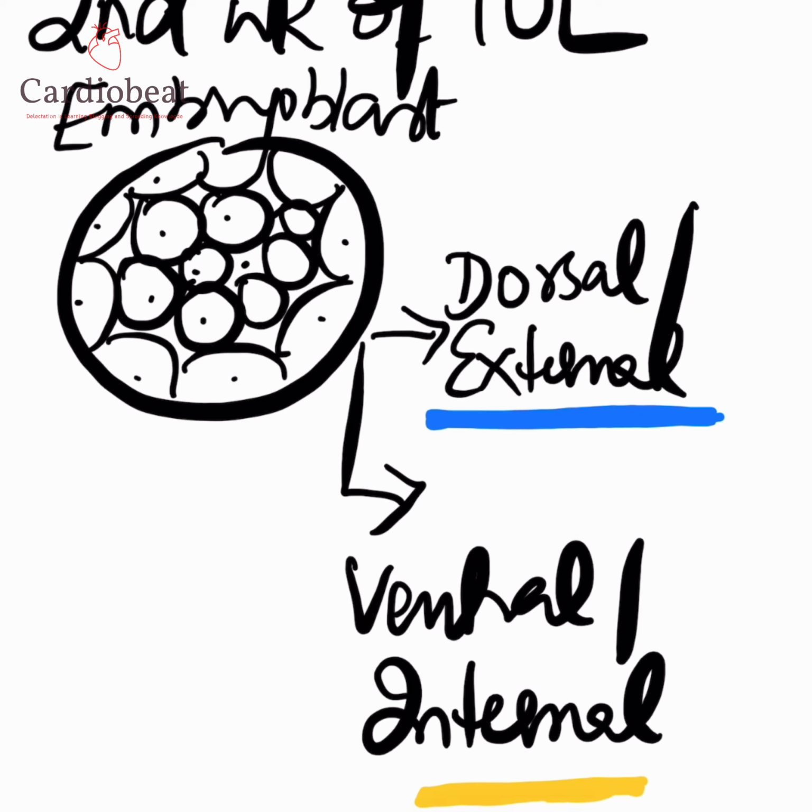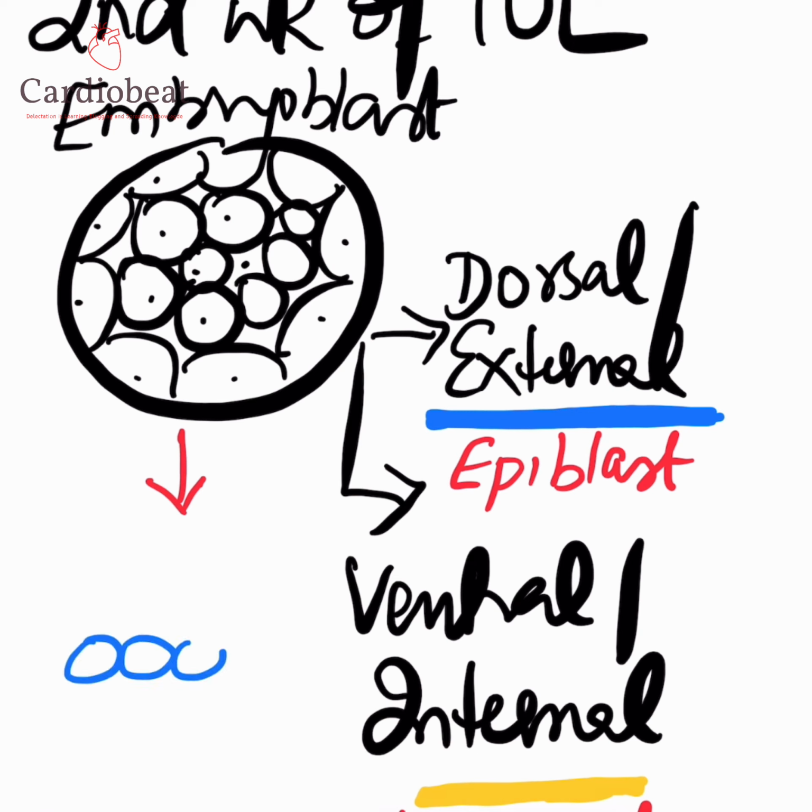The external layer has a special name, called epiblast. The internal layer has a special name, called hypoblast. So this mass of cells now has two layers, epiblast and hypoblast.